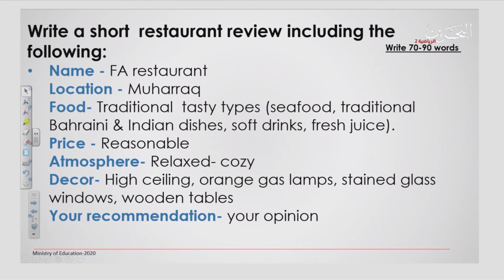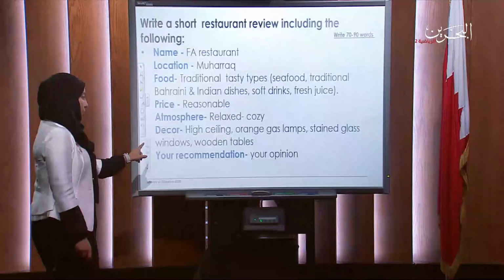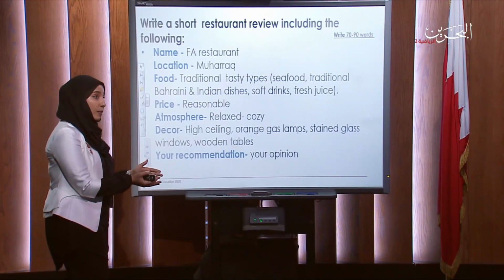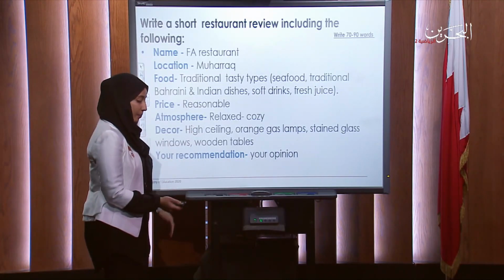The number of words, I'm expecting 70 to 90 words, following the format presented earlier. You can be creative, but please make sure you cover these points: the name, location, food, price, atmosphere, decor, your recommendation. And remember to keep them in the paragraphs, the first, second, and third.